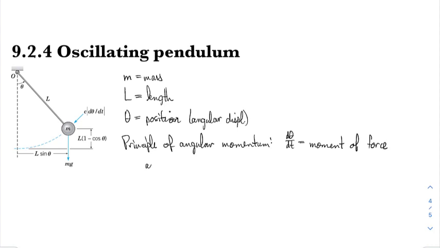And so the angular momentum of the pendulum about the origin, labeled capital O in the diagram, is ml squared times the second derivative of theta.